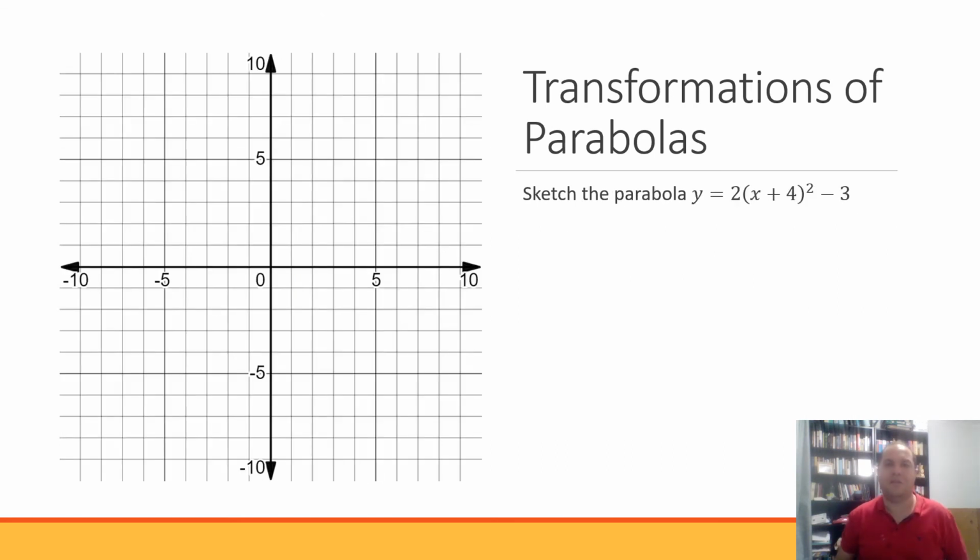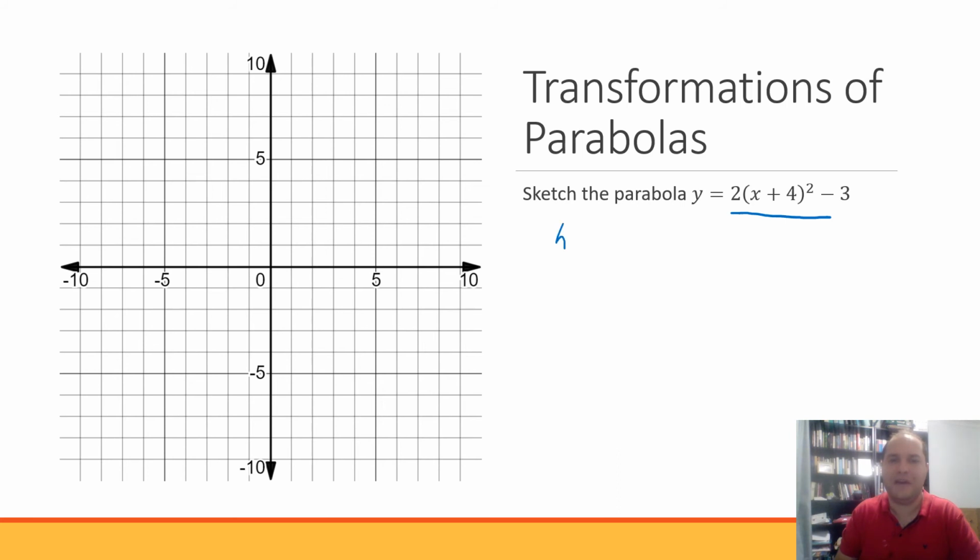All right, so let's use this information to sketch a graph. We've got our parabola quadratic written here, y equals 2 (x plus 4) squared minus 3. Our first step is to always work out our turning point. Always go for your turning point first, especially when it's written in this form.